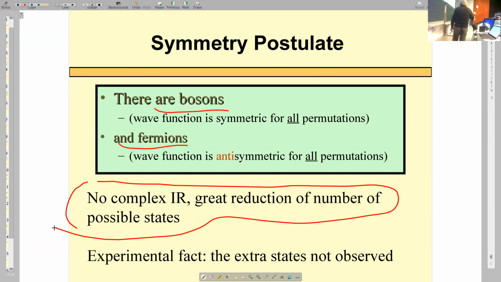I wrote the Schrödinger equation for you. It has plenty of solutions. But most of these solutions are forbidden by the symmetry postulate. Right? So one can wonder how the symmetry postulate comes about.